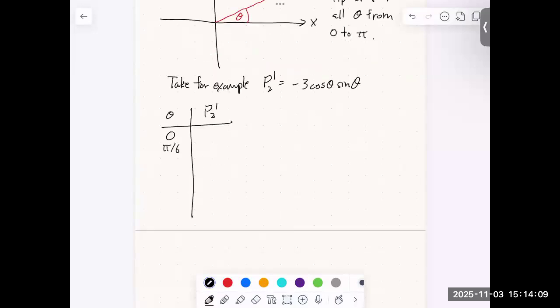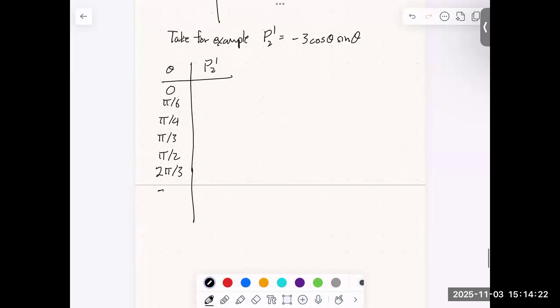I'll pick some common angles where we can know without too much trouble how cos and sine evaluate. 3 pi by 4, 5 pi by 6, pi. So this is just some select angles. Let's imagine that we made a really huge table where the increment between theta values was really small, so we get this continuous range of theta values.